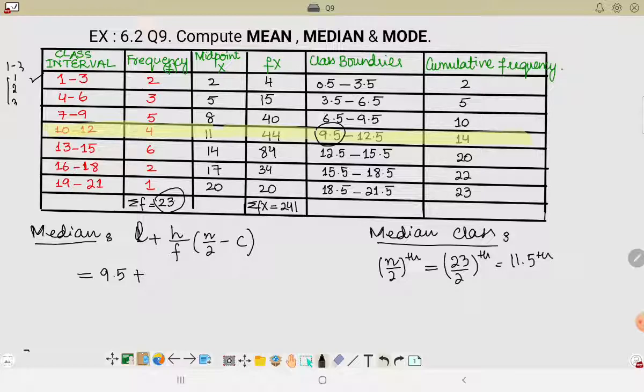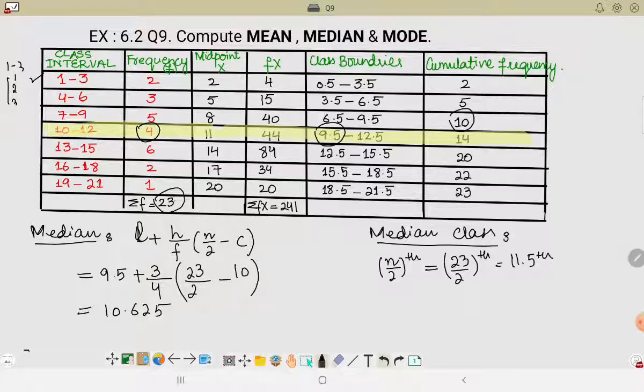So 3 is the size of the class interval. f stands for the frequency of this median class, which is 4. n stands for the number of observations, which is 23, n by 2 as it is. And C stands for cumulative frequency preceding this median class, which is 10. When you will solve it, you will get 10.625. This is how you are going to find out the median of this group data.